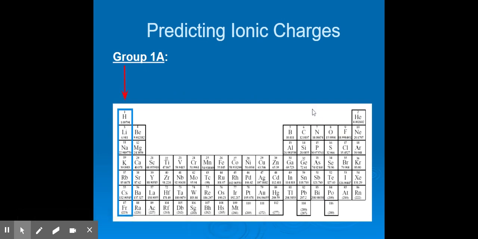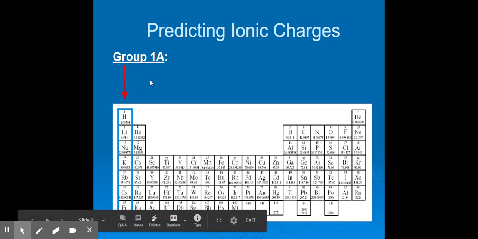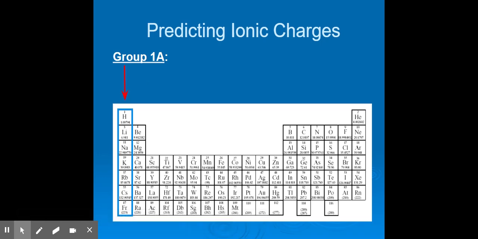Now, we're going to talk about what happens based on where they are on the periodic table. The first group here, that's the alkali metals plus hydrogen, this group all has 1 electron in their outer shell. Now, the goal is to have a full outer shell. In order for these to actually have a full shell, they would have to gain 7 more electrons, and that's very difficult to do.